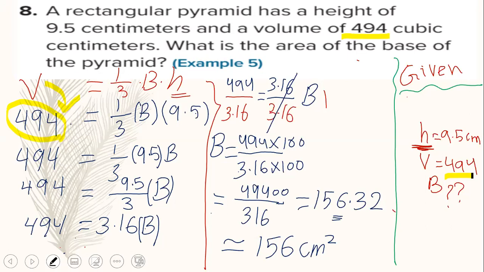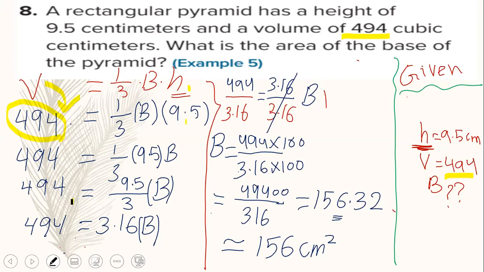And just substitute the height. What did we get? We got 1/3 times 9.5 times B. We can just rearrange it. It will be 494 equals 9.5/3 B.